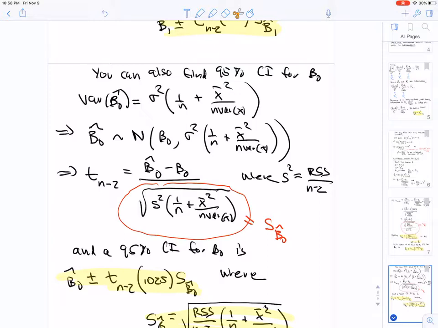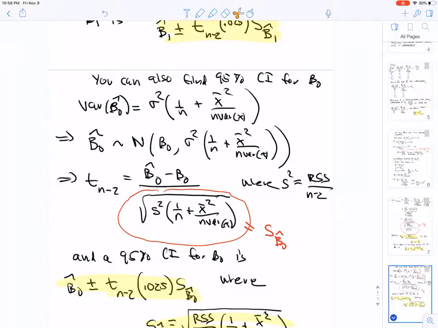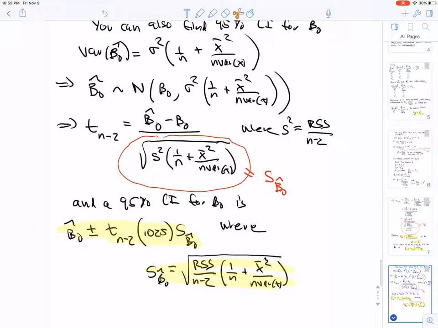So the variance of beta 0 hat is sigma squared times 1 over n plus x bar squared over n variance x. And you can in exactly the same way make the t-distribution: t n minus 2 is beta 0 hat minus beta 0 over the standard error, where the standard error is the square root of RSS over n minus 2 times 1 over n plus x bar squared over n variance x.